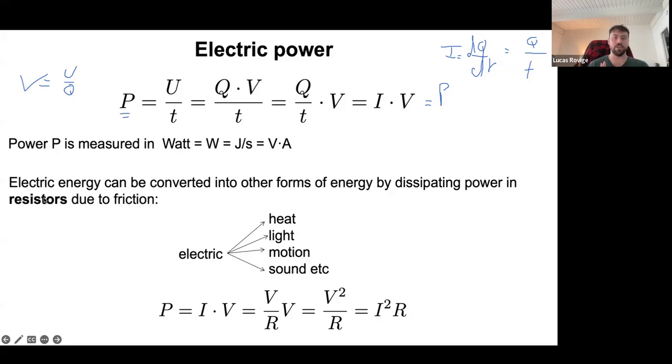And electric energy is very interesting because it's a good way to bring energy in a very non-localized way. You can bring electrical power everywhere using the electrical grid up to your house, and then convert it into other forms of energy by dissipating power, for instance, in resistors. That's the easiest way: you get electrical current through a resistor, and that creates heat.